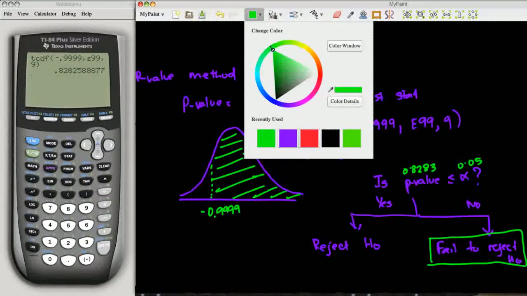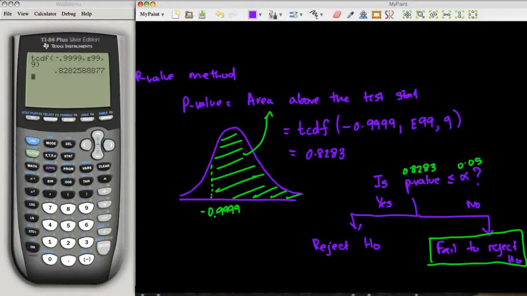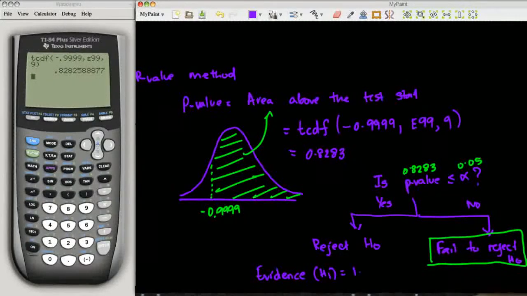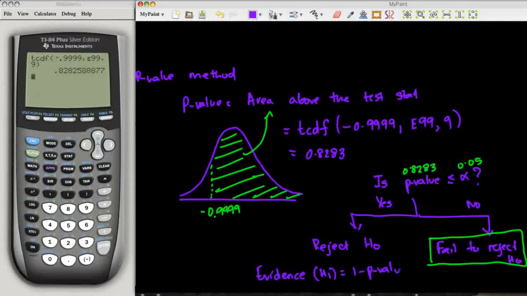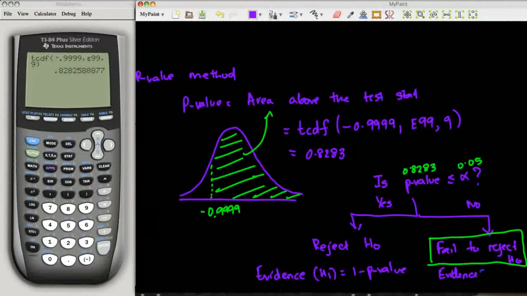So there is the concept of finding support toward the null and support toward the alternative. The probabilistic evidence that we have toward the alternative is given by 1 minus p-value, and the probabilistic evidence that we have toward the null is the p-value itself.